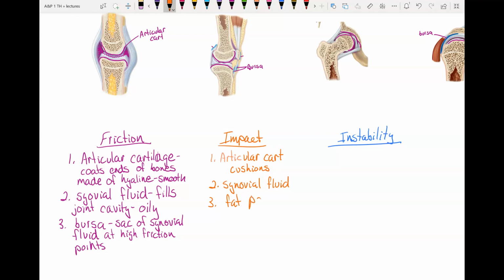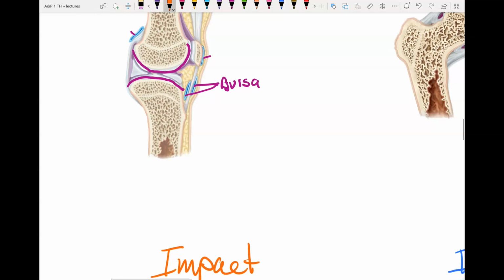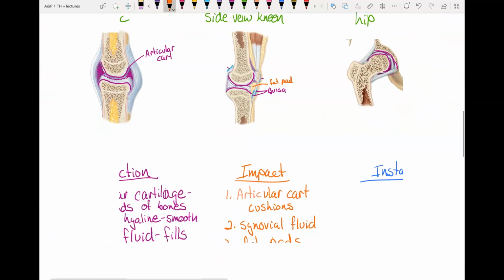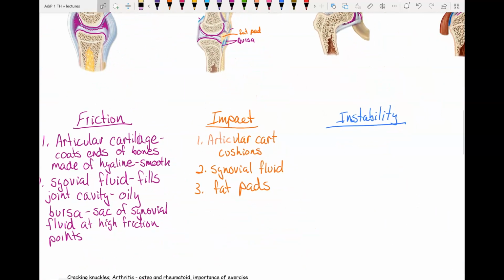Some joints have fat pads, and you can see this in the knee right here. There's a glob of fat. So you have fat pads in some joints to help cushion them. Fat's very soft and cushiony. And in your knee, so only in your knee, you have menisci.